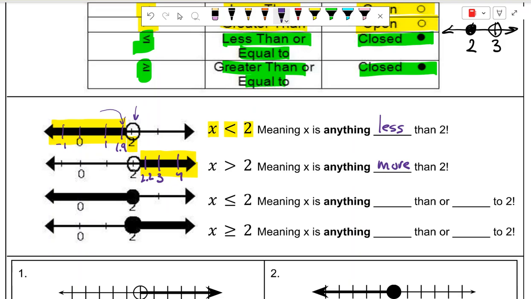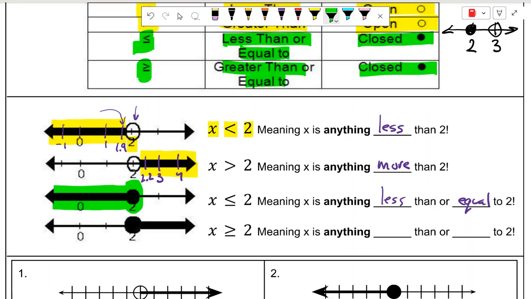The next one you can now see the closed dot here, and that means anything less than 2, and we include one more answer, which is 2. So x is less than or equal to 2, meaning x is anything less than or equal to 2.